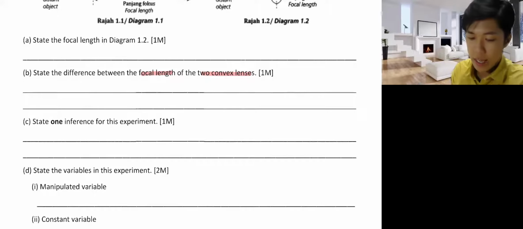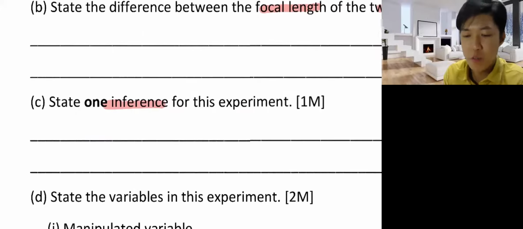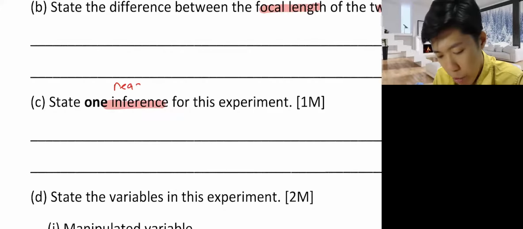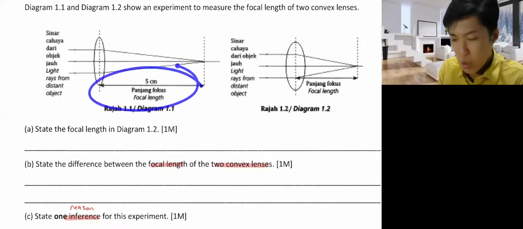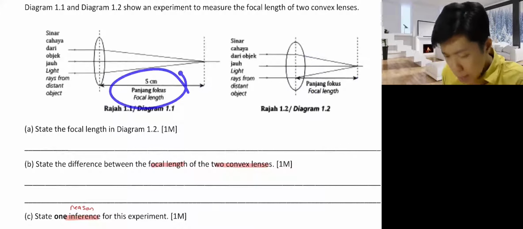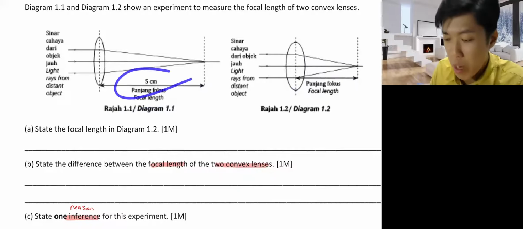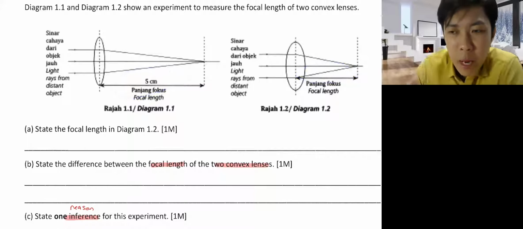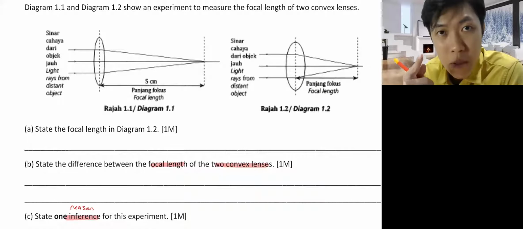Let's go for the inference. Inference means reason, typical. We've been doing this for a very long time. Why is this one longer than this one? Their lengths are different, right? One long, one short. Why different? What is actually affecting your focal length here? Look at your picture again.